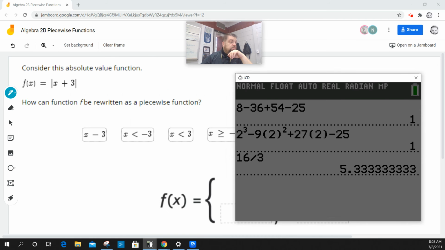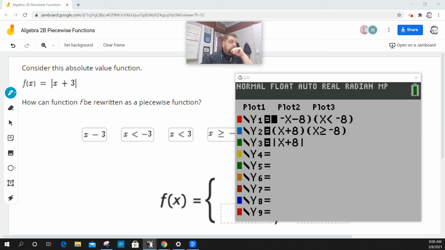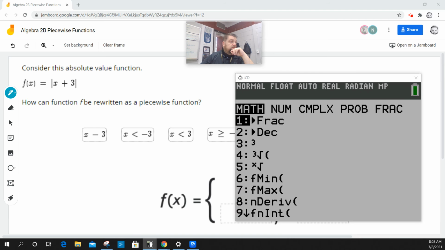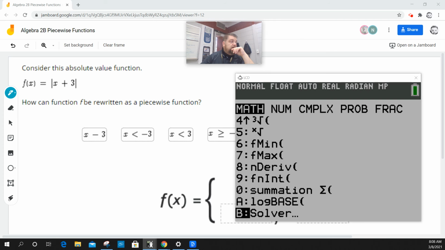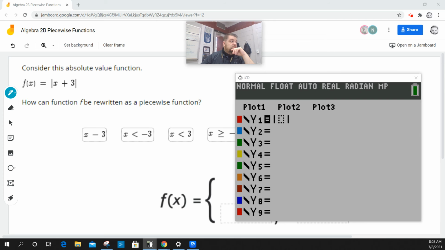I'm going to graph this real quick. I've got to clear all this stuff out. So to graph an absolute value function, I'm going to hit math and go over to number, plug in absolute value, and I'm just going to say x plus 3.